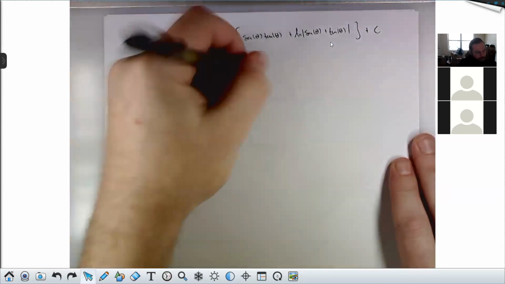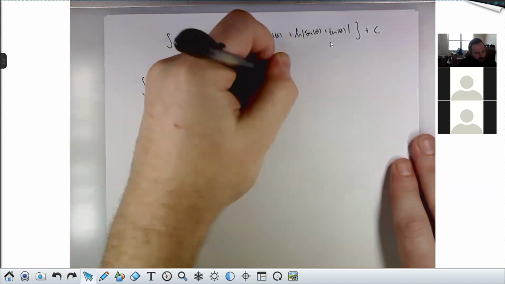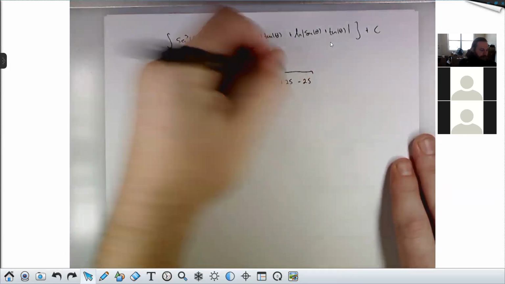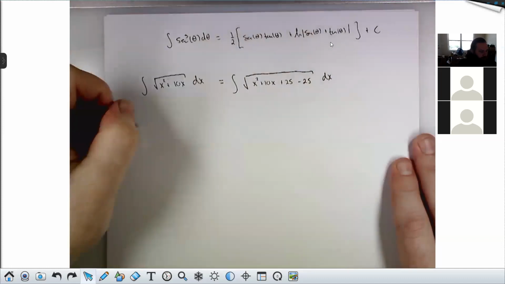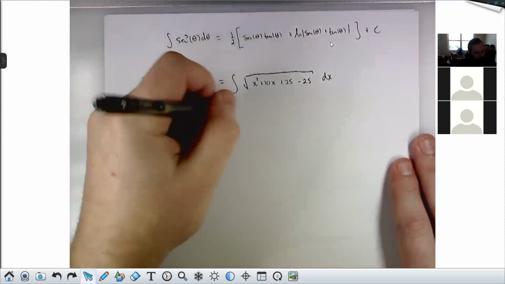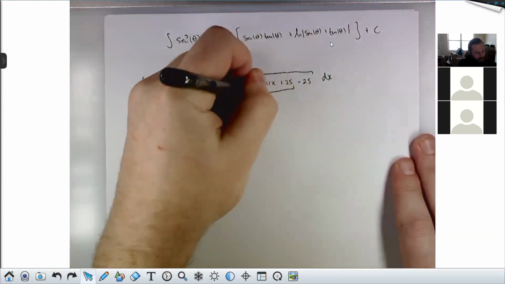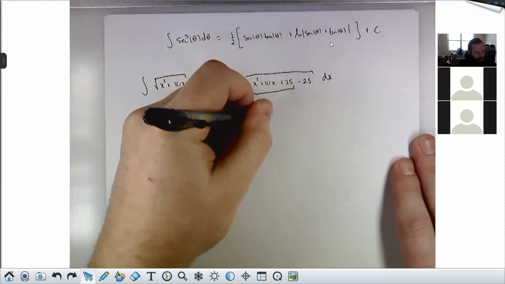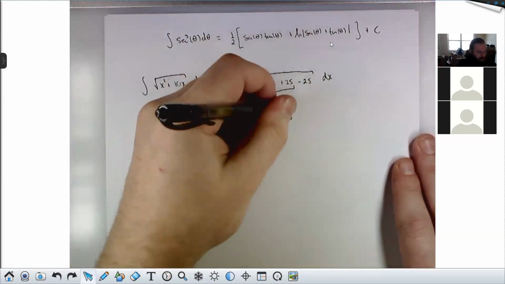Completing the square under there looks like x squared plus 10x plus 25 minus 25 dx, which is going to be the square root of, these first three are x plus 5 quantity squared, and then minus 25 dx.